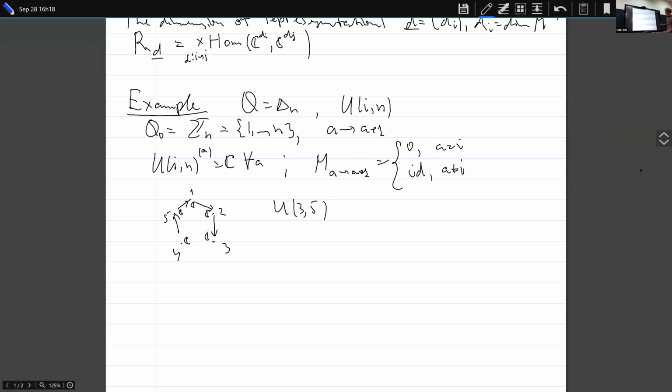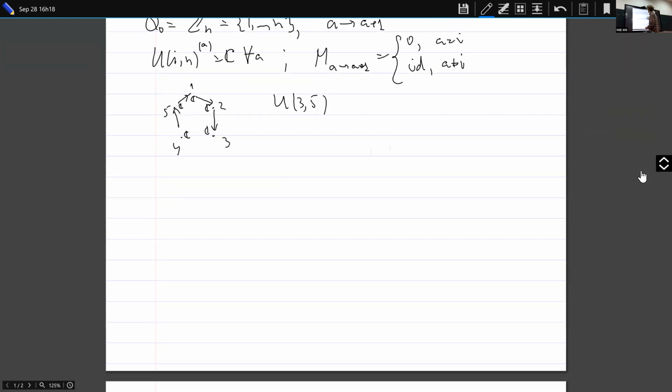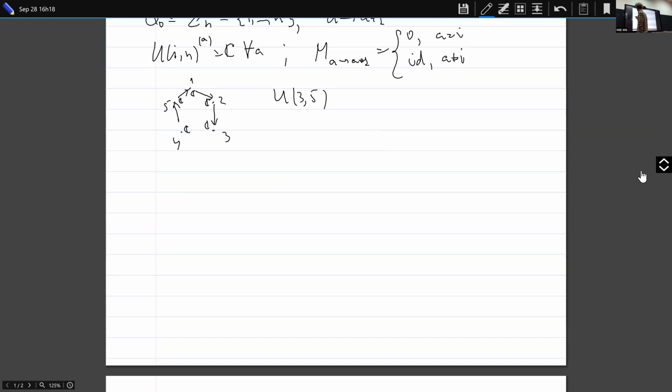Maybe I'll get back to this general picture of representations, but let me move a bit further to introduce quiver Grassmannians. You can give a very concrete definition.